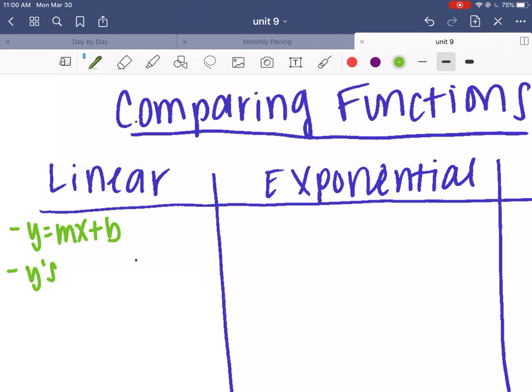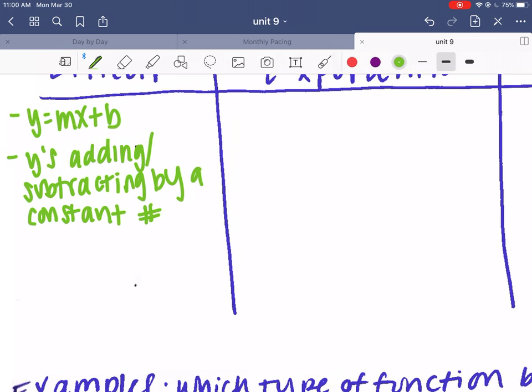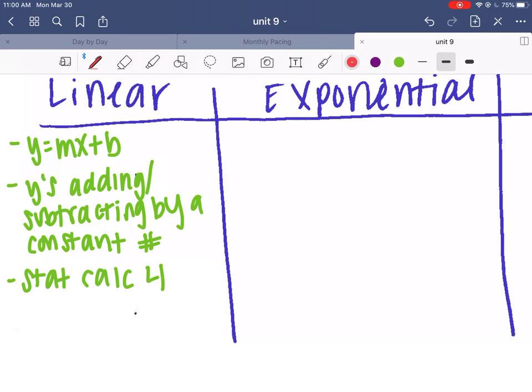The y values are either adding or subtracting by a constant number. And then in the calculator, what you did was stat calc 4 to get your equation. Okay, so that again is linear.